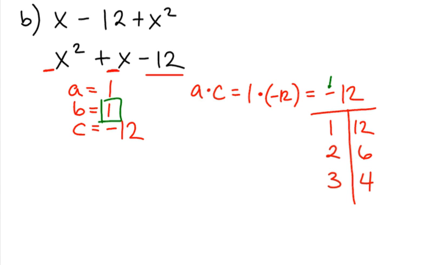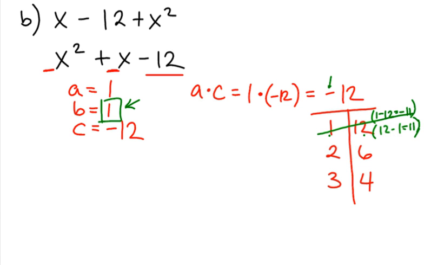So instead of adding, if you have a negative A times C, you could subtract the first one minus the second one, or vice versa. Think about this for a second. If I took 1 minus 12, that means the 12 would be negative, then you get negative 11. But if I did 12 minus 1, you get a positive 11. Now remember, the number that I'm looking for here at the end is 1. Negative 11, positive 11, neither of those work.